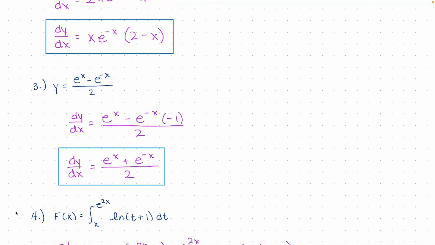Number 3. This one's pretty easy. I heard somebody talking about it. You don't have to use quotient rule because the top and the bottom are not functions of x. If you don't have your variable in the top and the bottom, it could be quotient rule, you can do it that way, but you can also just treat it as a coefficient of 1/2. And it's easier that way.